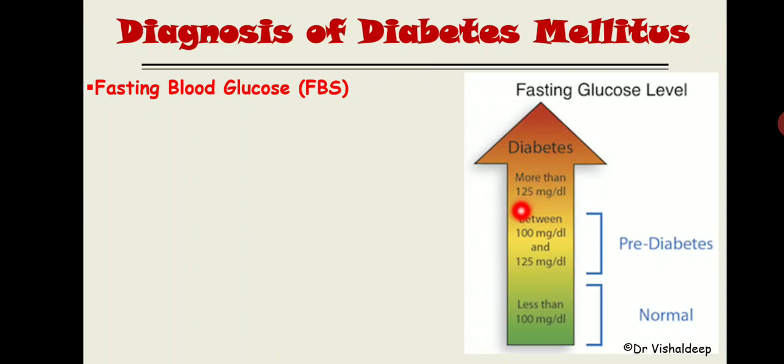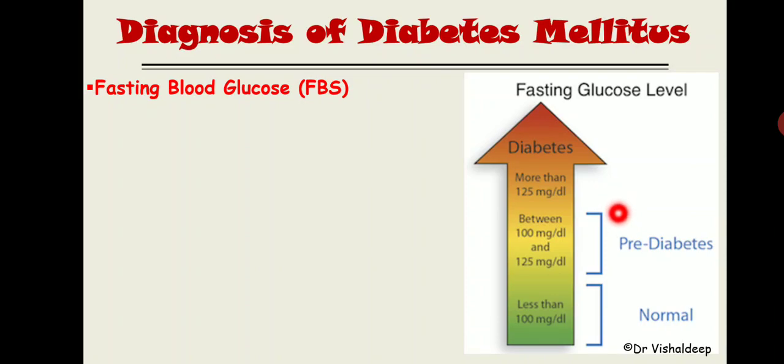Now here's the thing, the glucose level that falls between these two, normal and diabetes, that is 100 to 125, is known as pre-diabetes. Mostly a different terminology is used, that is impaired glucose tolerance.